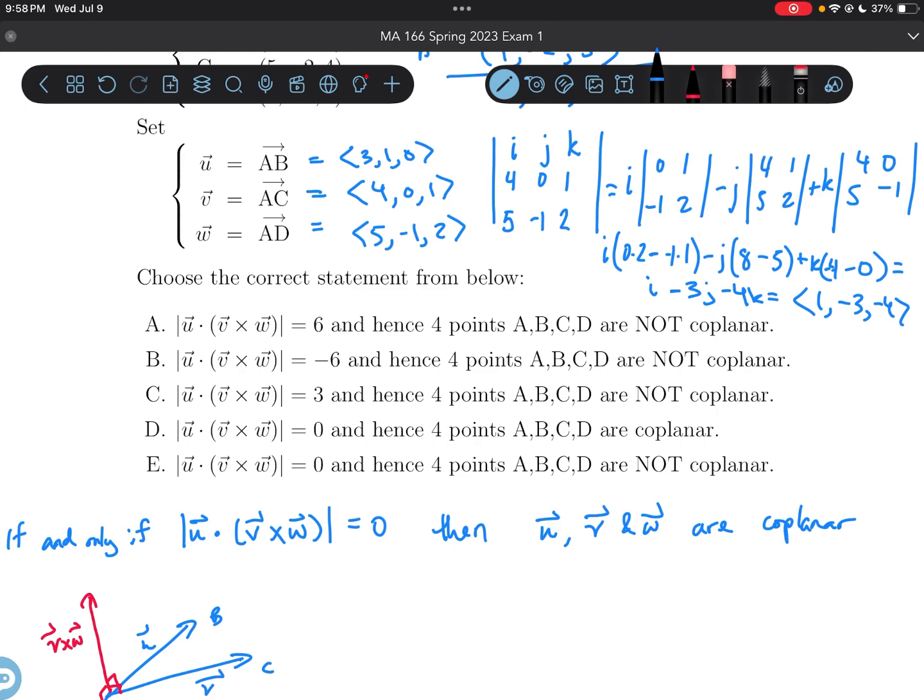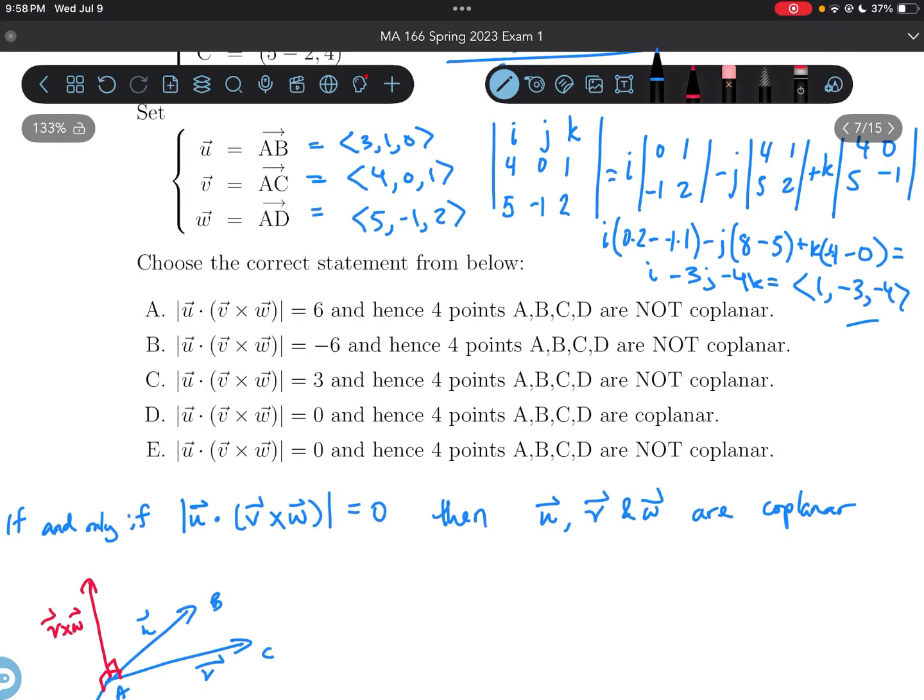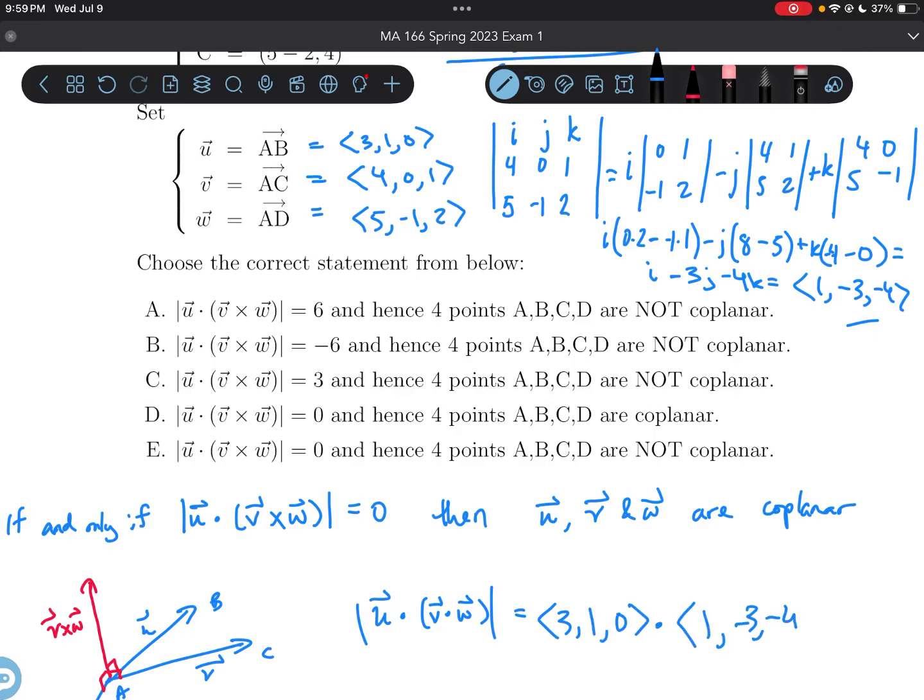Now the second step is we take the dot product of this vector we just calculated and u. So u dot this is equal to 3, 1, 0 dot 1, negative 3, negative 4.